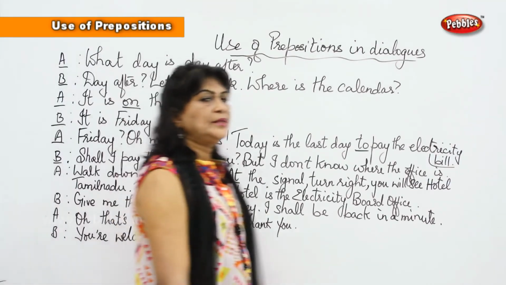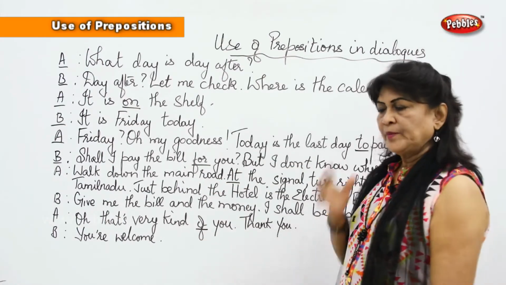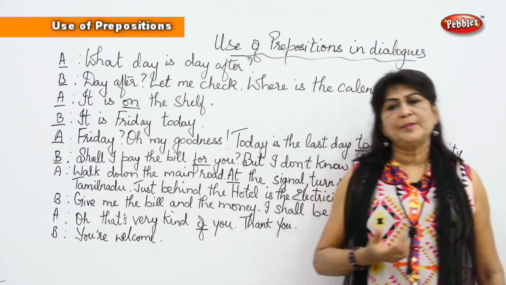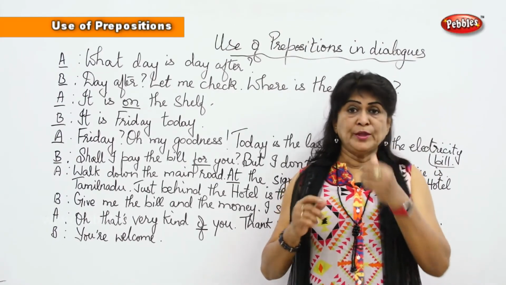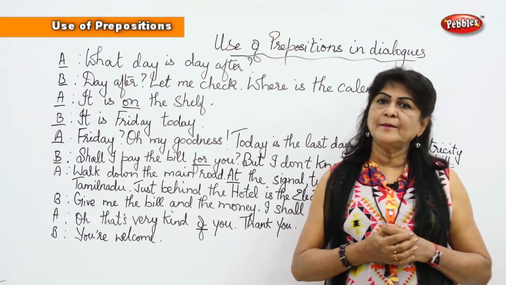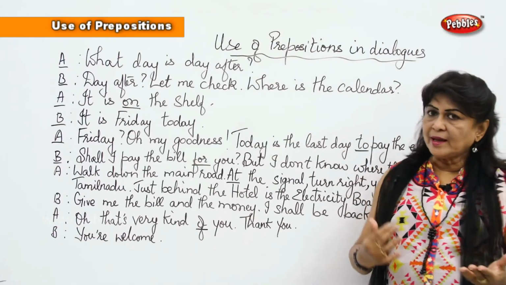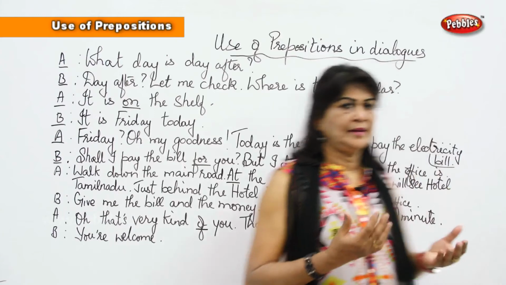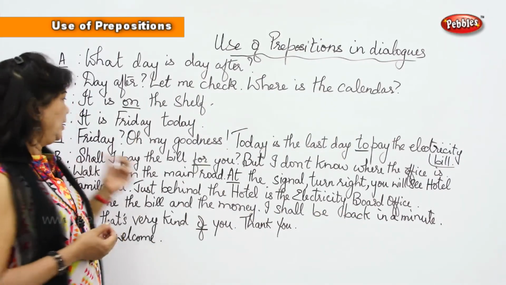Now, we just saw a very simple dialogue between two people. One person has forgotten to pay the electricity bill, and he does not even know that it was Friday and the last day to pay. B takes the calendar, checks it and says it is Friday, and only then A remembers.